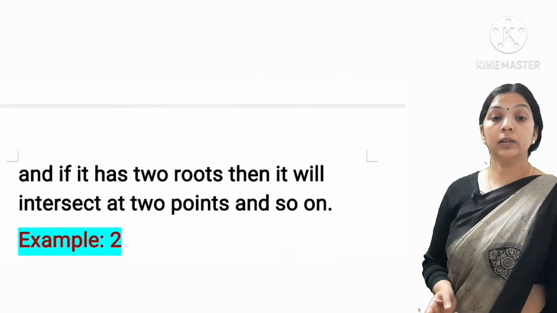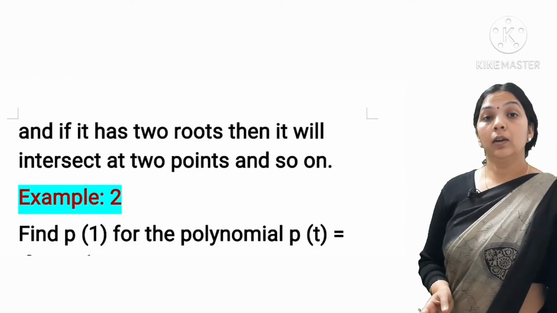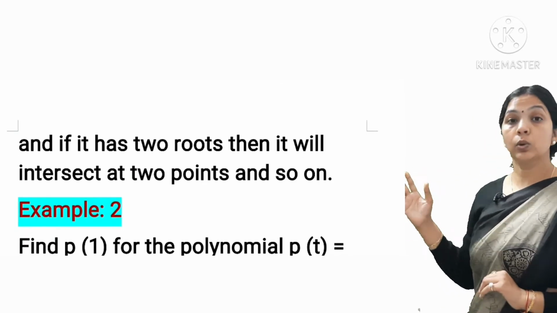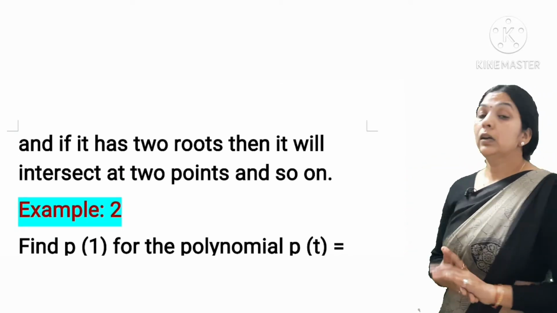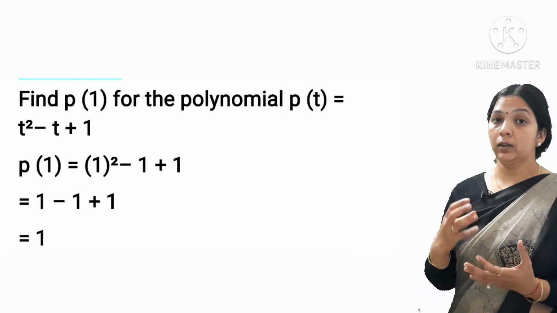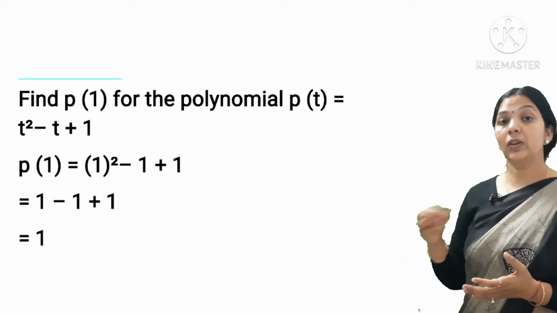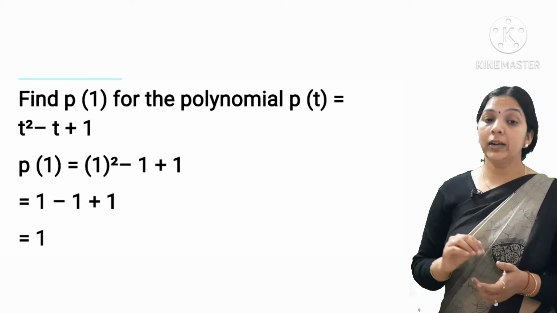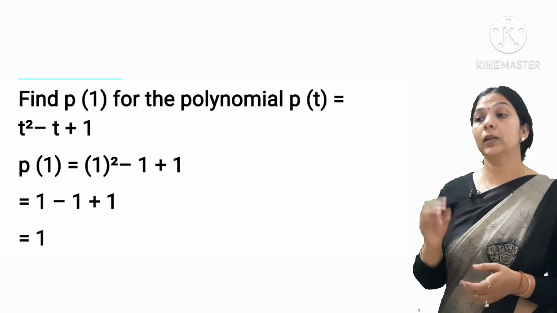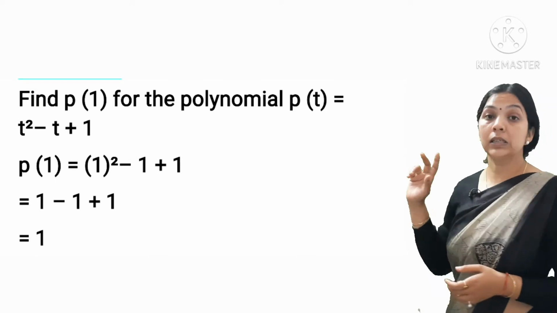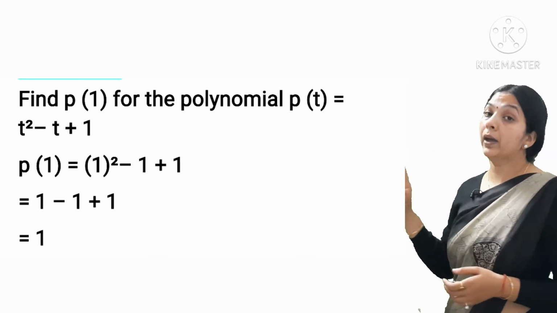Now let's consider the example. Find p(1) for the polynomial p(t) is equal to t square minus t plus 1. Here a polynomial is given to us. What we have to do? We have to find the value. Now p(1) means we have to find the value of the polynomial at t equal to 1. To find it, we will replace t by 1.